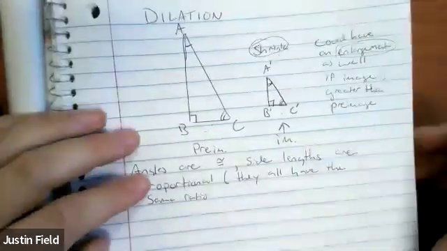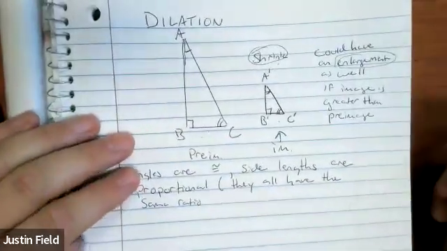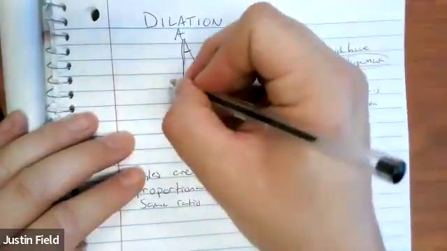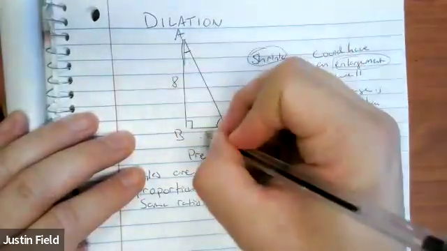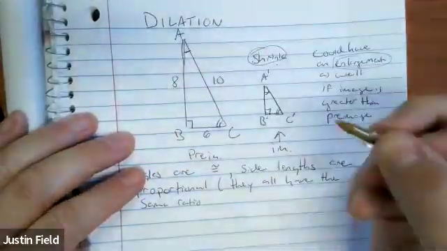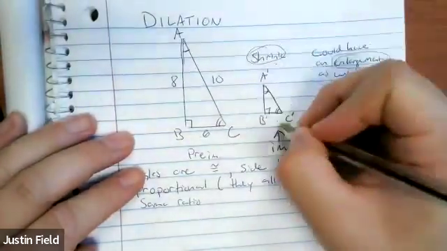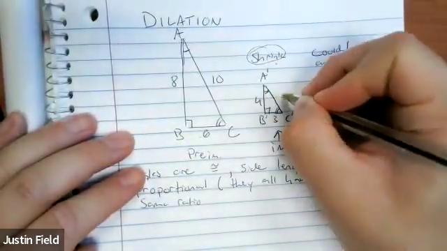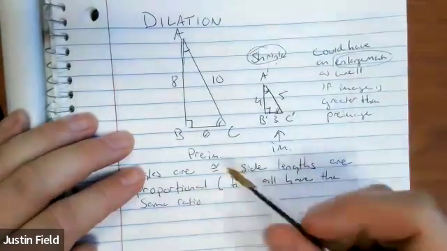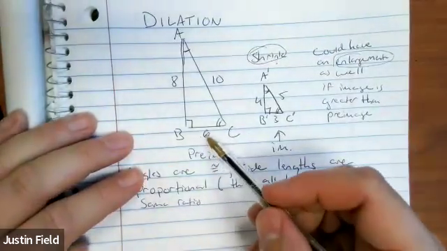Okay, so for example, let's just say that instead of 3, 4, 5, I call this 8, 6, 10. Okay, and then I call this one 3, 4, 5. So if that's the case, this will work.